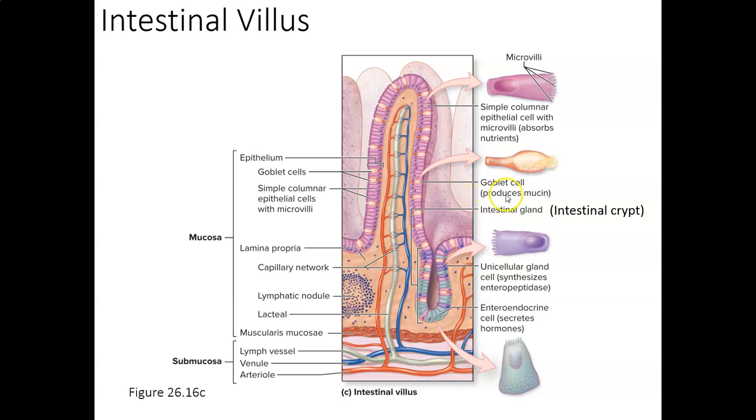They also have goblet cells, the cells that produce mucin. And it also has those invaginations, just like in the stomach, called intestinal glands, or another word for that would be intestinal crypts. So you have gland cells buried inside of those crypts that secrete either hormones or some kind of peptides, which is again a type of digestive enzyme.